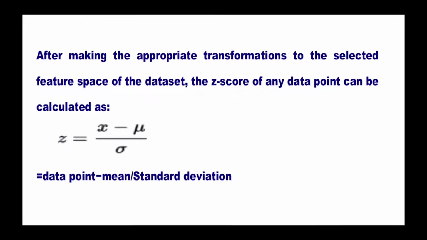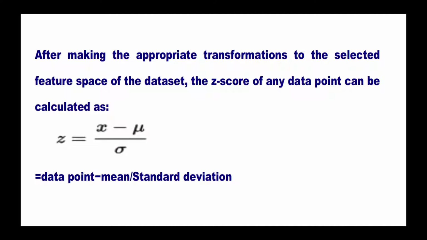After making the appropriate transformations to the selected feature space of the data set, the Z-score of a data point can be calculated as Z = (x − μ) / σ, which is nothing but data point minus mean, divided by standard deviation. When computing the Z-score for each sample in the data set, a threshold should be specified.